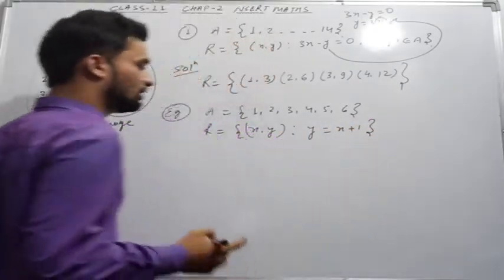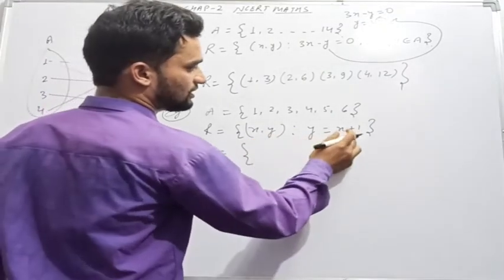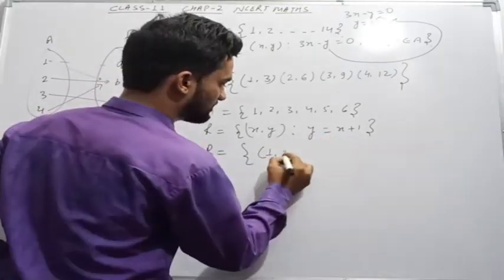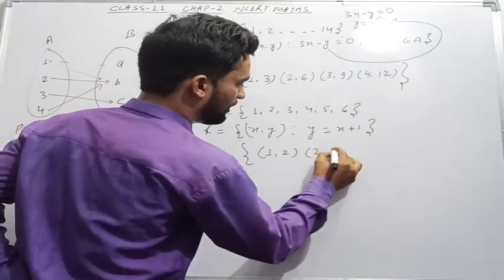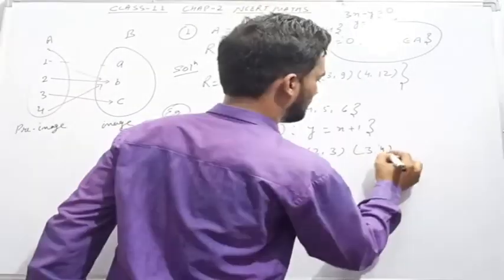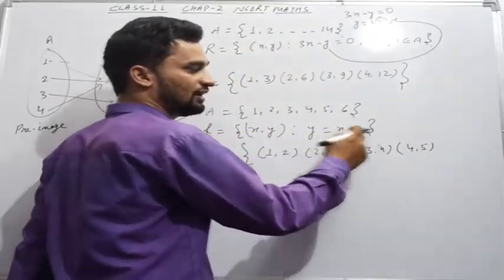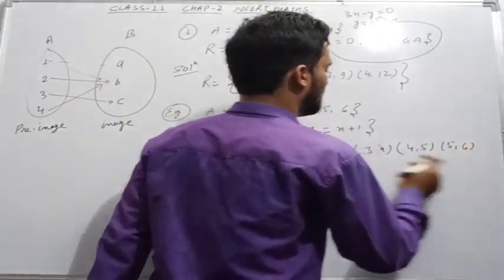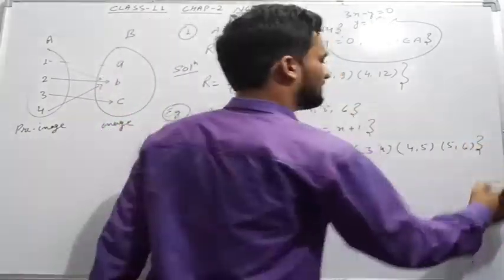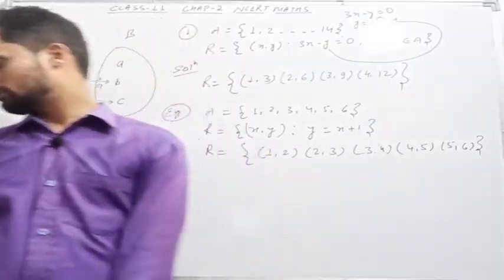So in roster form, as you know, if I put x equal to 1, then 1 plus 1, y must be 2. If x equal to 2, y equal to 3. If x equal to 3, y equal to 4. If x equal to 4, y equal to 5. If x equal to 5, y equal to 6. If x equal to 6, y equal to 7, that does not belong to set A. So relation R will be (1, 2), (2, 3), (3, 4), (4, 5) and (5, 6). So this will be your relation.